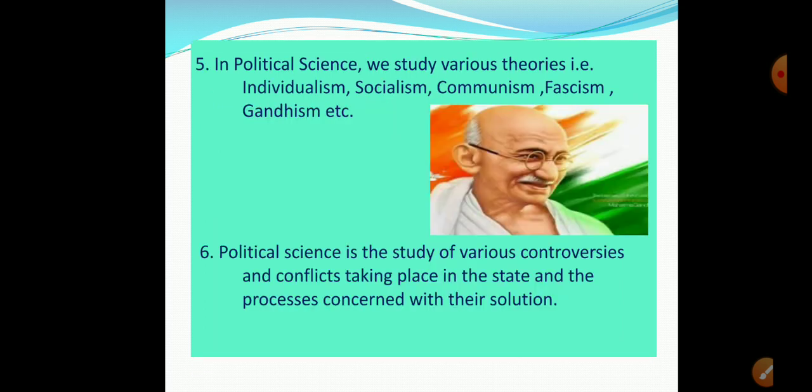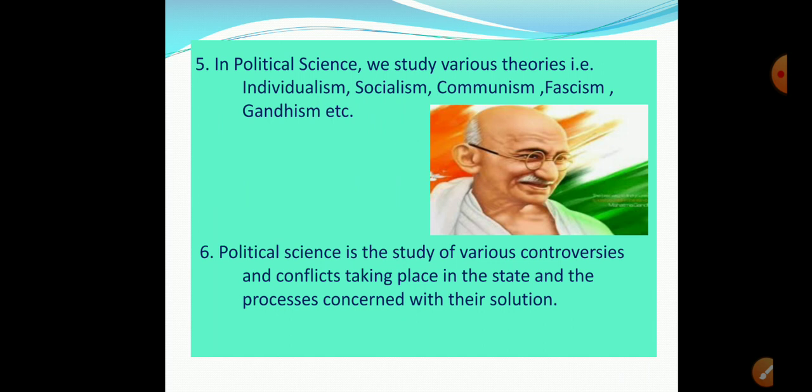Next, in political science we study various kinds of theories and ideologies. For example, individualism, socialism, communism, fascism, Gandhism, liberalism, Marxism, and then Ambedkarism these days, here in the Indian context.